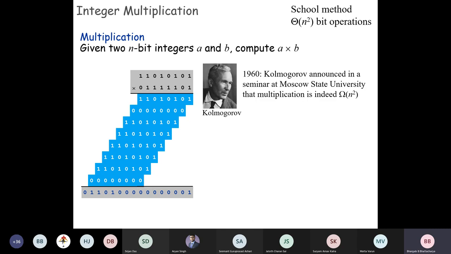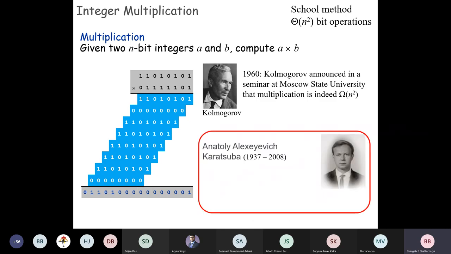Incidentally, there was a student sitting in the audience, an undergrad student. His name was Karatsuba. At that time he was only 23 years old. Kolmogorov said that multiplication is indeed omega n squared, so this is optimal.